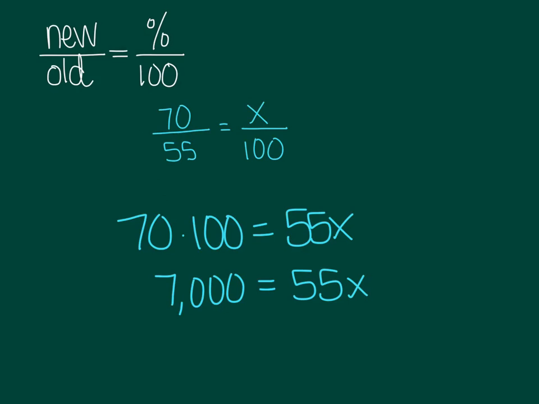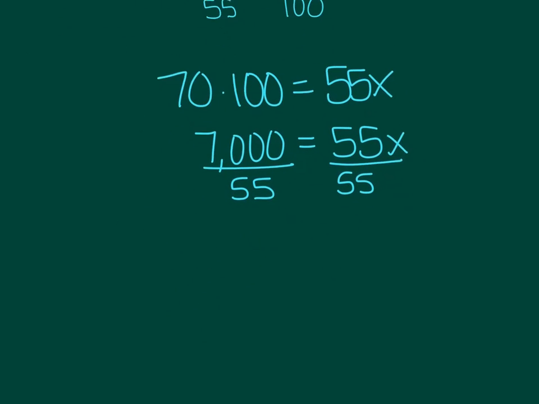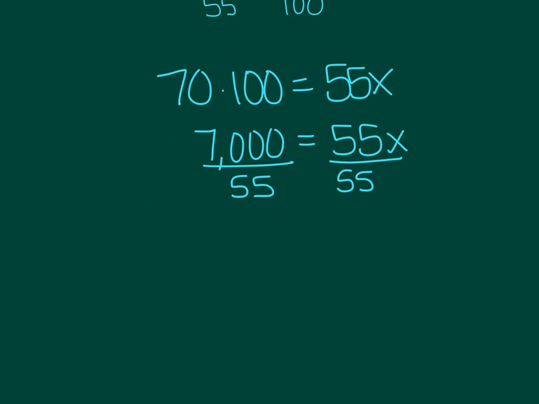To get x by itself, we're going to divide both sides by 55. We see, of course, that this allows for me to cancel out 55 divided by 55, and I'm left with 7,000 divided by 55, which gives me 127.2700s, but that 2700s repeats for quite some time, equals x.